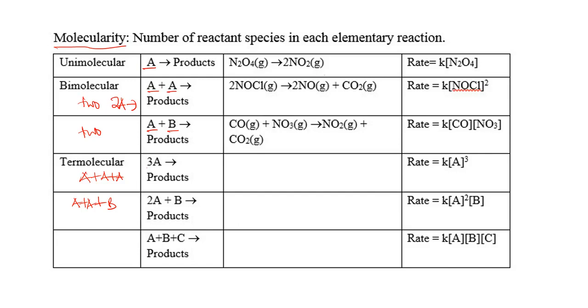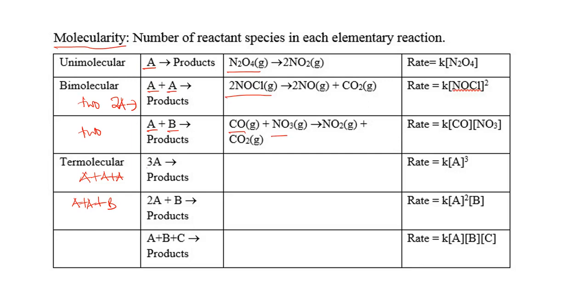So these are just examples: an example of unimolecular, an example of bimolecular having two of the same species, an example of bimolecular having two different species. Termolecular reactions are rare, but they are available, so we are not going to talk much about them.